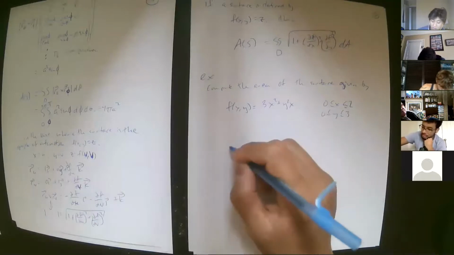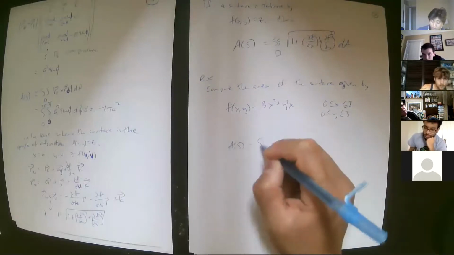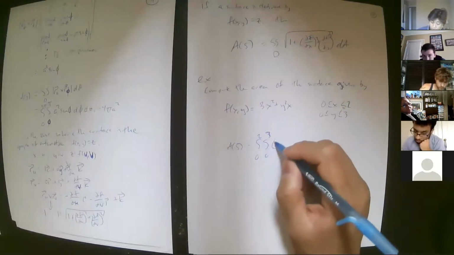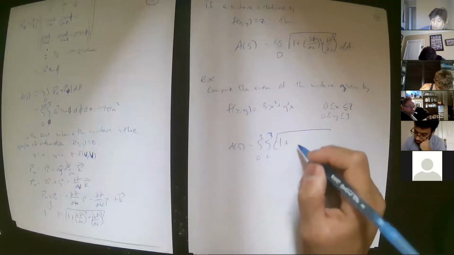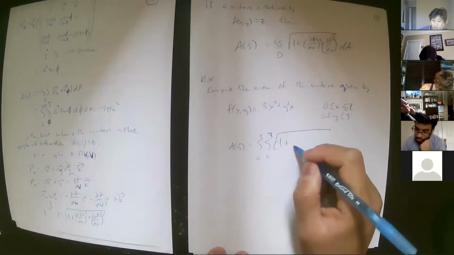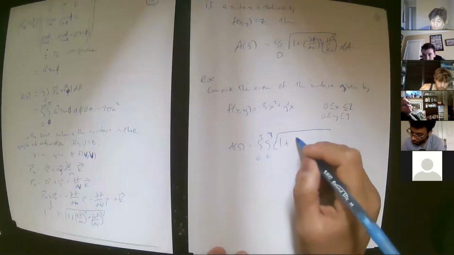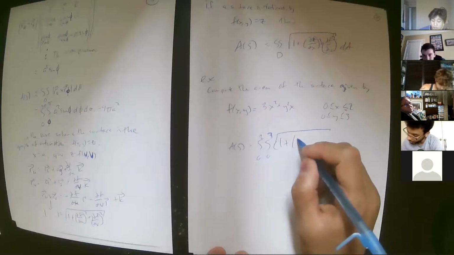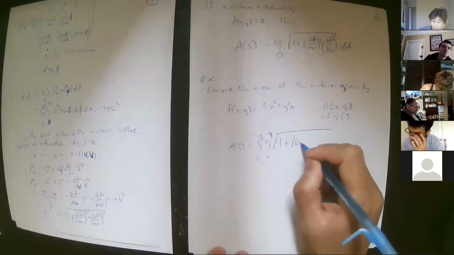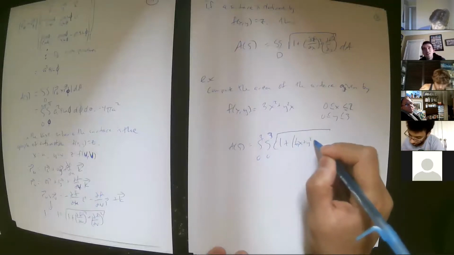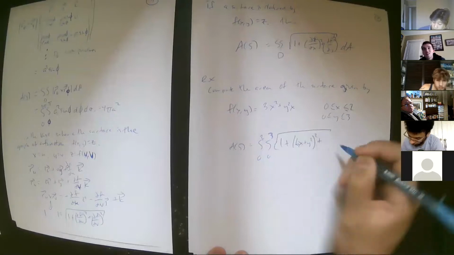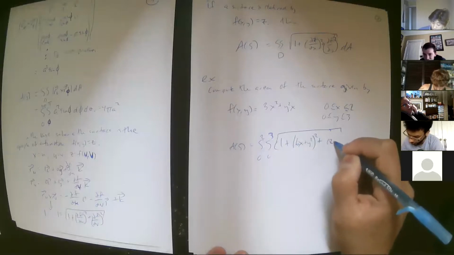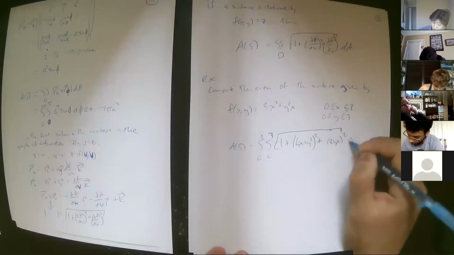So we should just be able to set up this integral from 0 to 2 and 0 to 3 of the square root of 1 plus, what should go here? 6x plus y squared, squared, plus 2yx squared, dy dx.